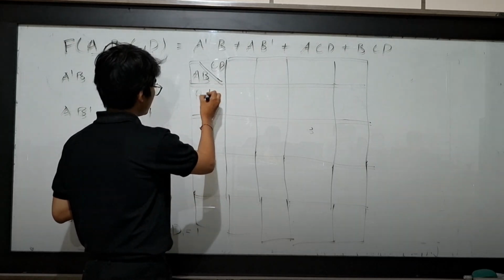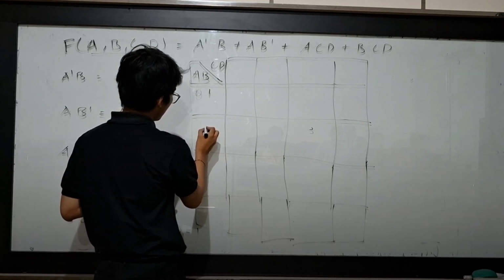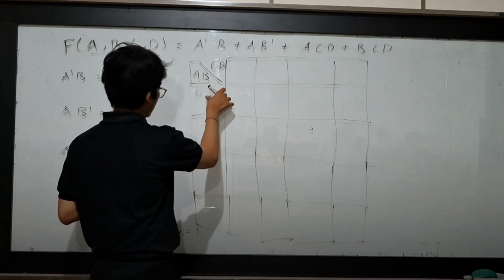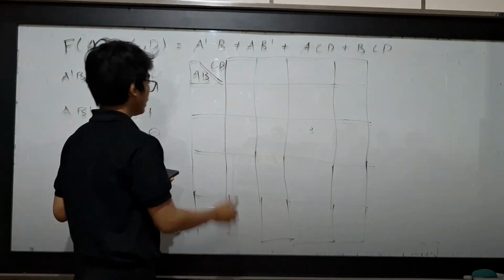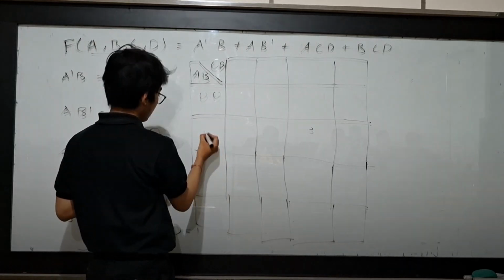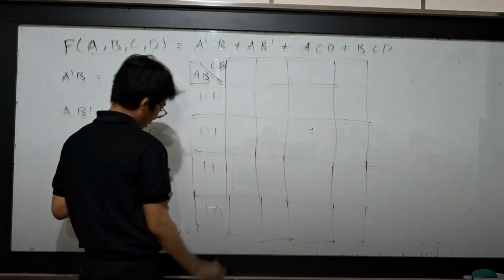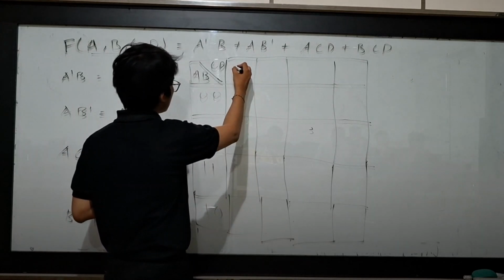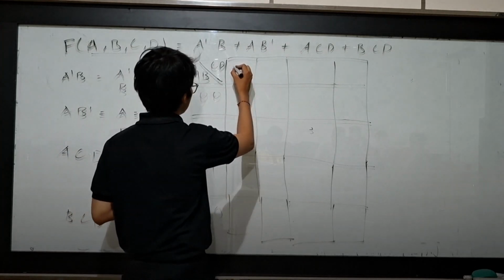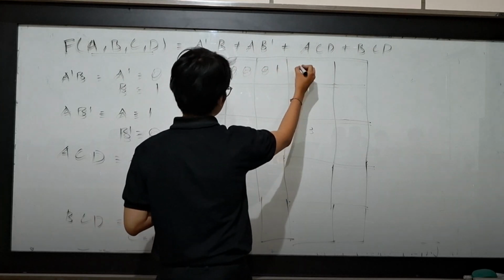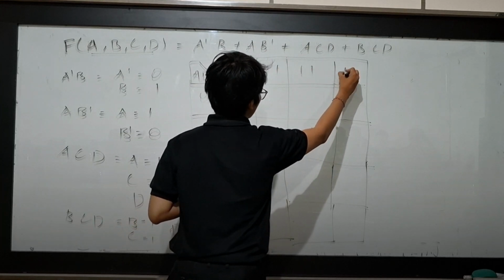For AB it is 0, 0, 0, 1, 1, 1, 1, 0. And for CD, it's also like that: 0, 0, 0, 1, and then 1, 1, and then 1, 0.